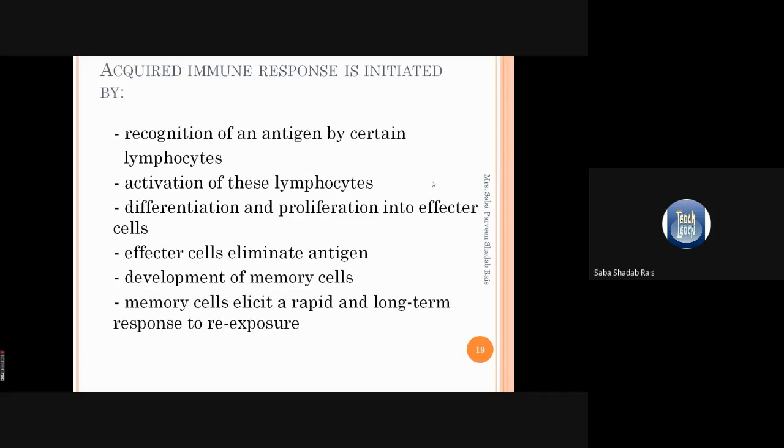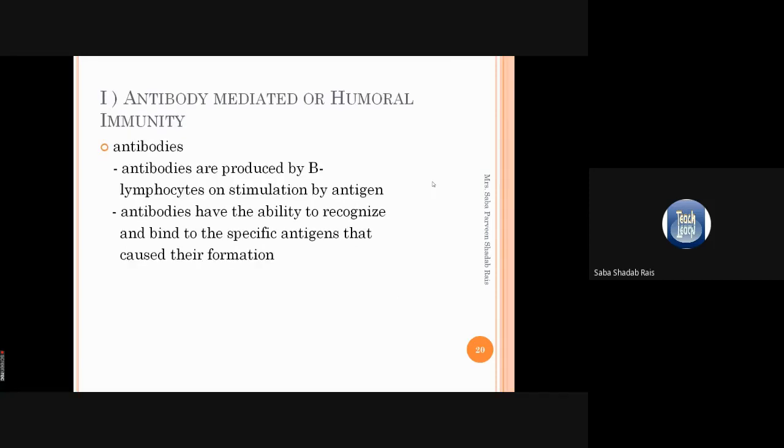Most of the time, without your knowing, your body will not have any type of infection. Now, as I told you, your adaptive immune system has two mechanisms. We will talk about the first, which is called antibody mediated, or humoral, immunity. Why is the antibody mediated mechanism called humoral immunity?